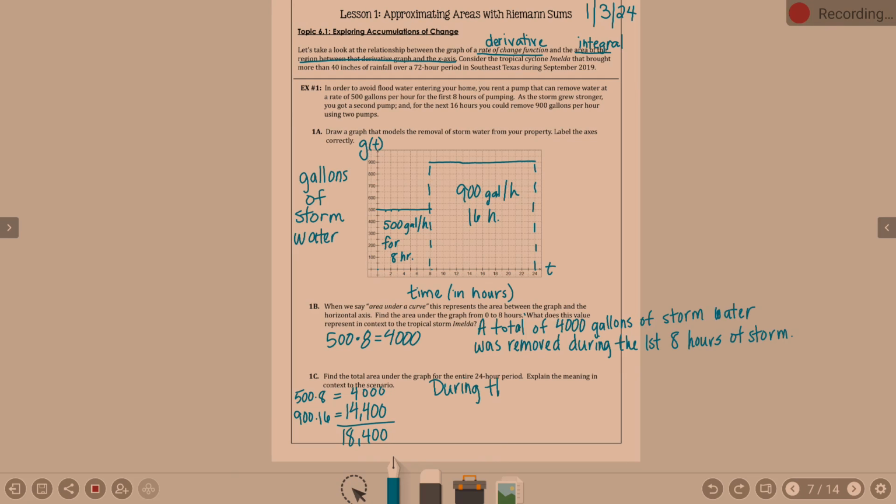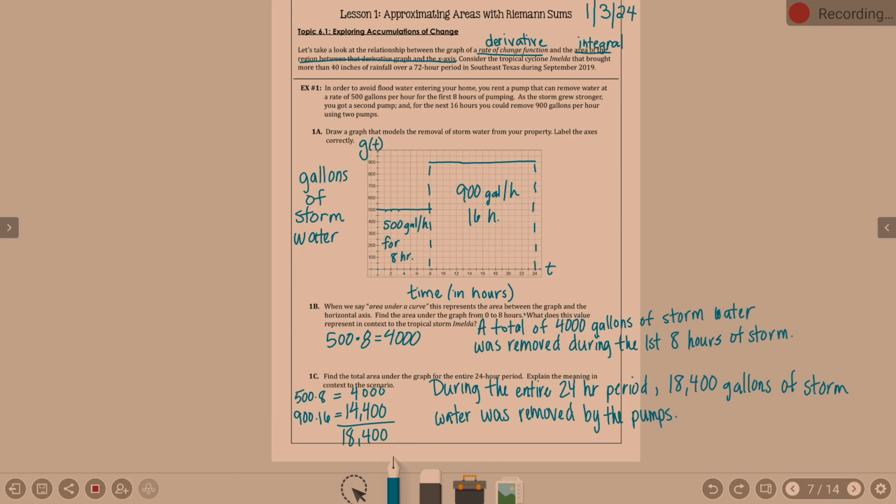I'm going to say during the entire 24-hour period, 18,400 gallons of stormwater was removed by the pumps. Okay.